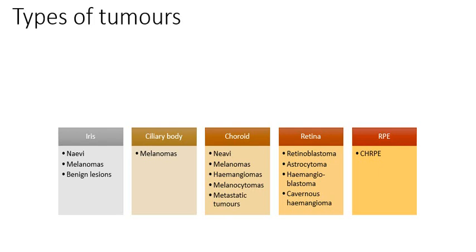So for example, nevi can be found in the iris and they can also be found in the choroid. So as a whole, I'll tell you about nevi generally. And then melanomas can be found in the ciliary body and the choroid and the iris, and I'll tell you about melanomas in one section. So this is how the presentation will be structured.